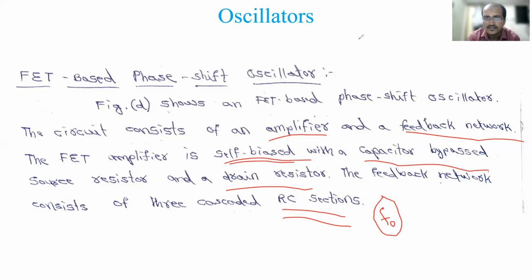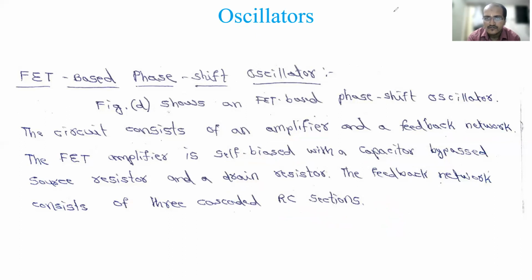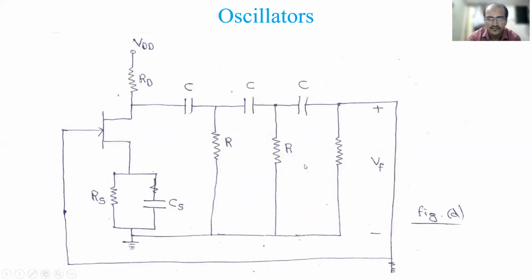Just look at the picture. It is showing the oscillator circuit. This kind of circuit diagram you have to rig up in the lab and get the output. This is the JFET, junction FET; MOSFET is not considered here. The drain side RD is connected and the source side RS is connected.